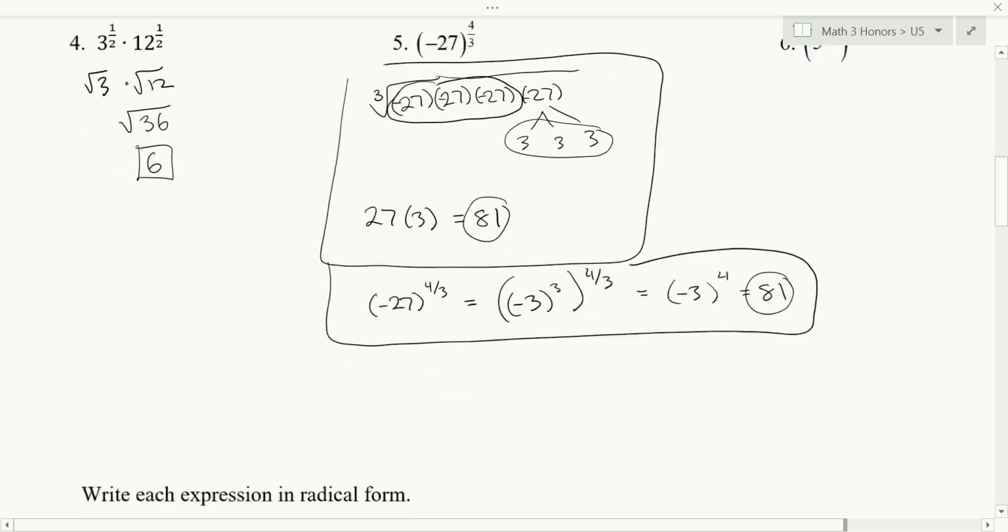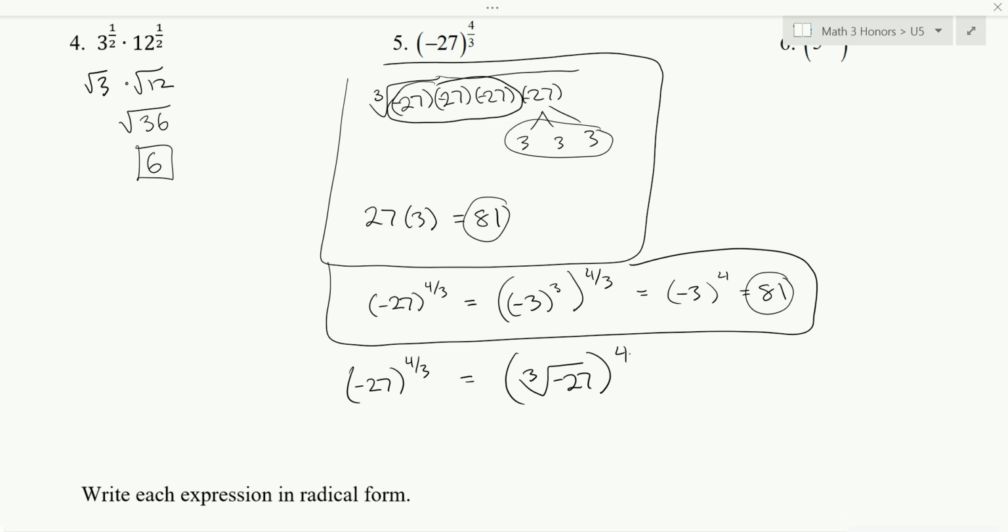If you move this to a cube root, you can also rewrite this as the cube root of negative 27 only, and then raise that to the 4th power. So you could put your 4th power on the inside of the root or on the outside of the root. And often if you put it on the outside, it's easier to work with if you have a number, because it's easier to take the cube root of negative 27 than negative 27 times negative 27 times negative 27 times negative 27.